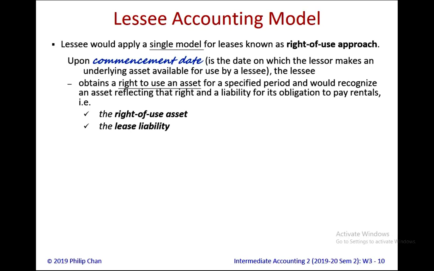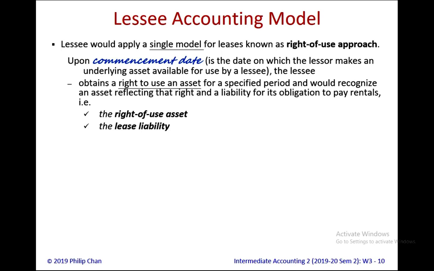If it is a lease contract, then the lessee would control the asset over the lease term and should recognize an asset. We call that right-of-use asset. At the same time, a liability should also be recognized for its obligation to pay rental. So we're going to have right-of-use asset and lease liability at the day when the lessee can control the asset, and recognize these two items on the statement of financial position.